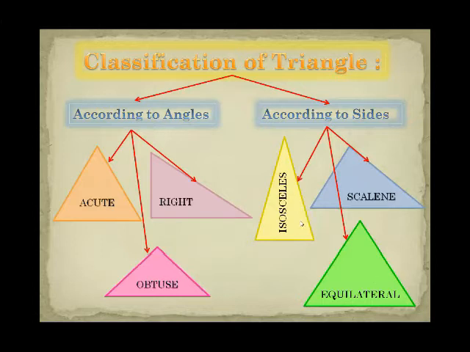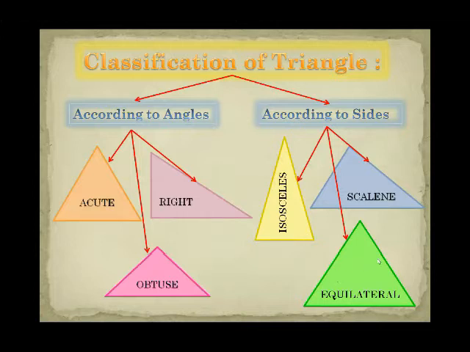Okay, we move from the isosceles triangle. In an isosceles triangle, we say that the angles opposite to the congruent sides are also congruent. In an isosceles triangle, we have only two sides which are congruent, so the two angles opposite to those sides are also congruent.